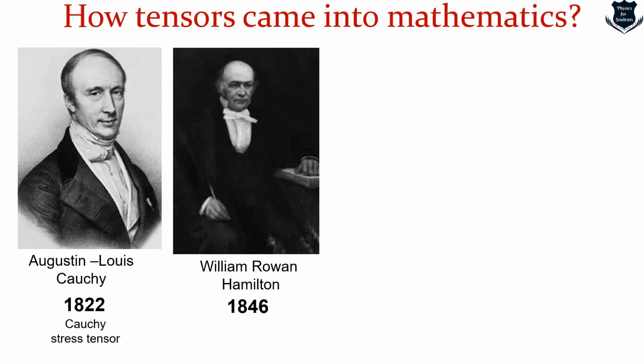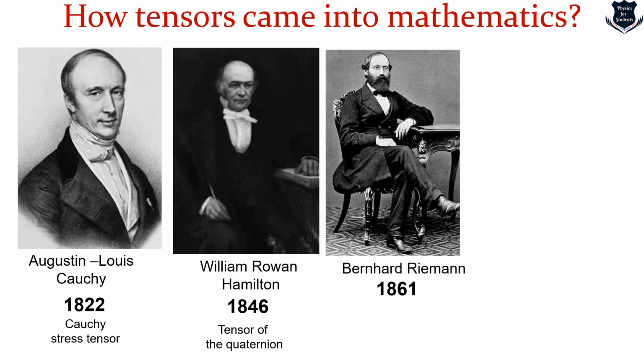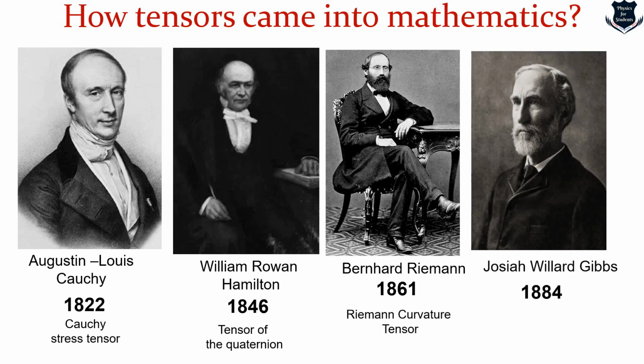William Rowan Hamilton actually coined the term tensor, used as tensor of the quaternion in his famous work. Then Bernhard Riemann in 1861 used the Riemann curvature tensor, and Josiah Willard Gibbs in 1884 used something called dyadics or polyadics, basically in order to study things like crystal structures. These are actually tensors, but during that time they were called dyadics and polyadics.